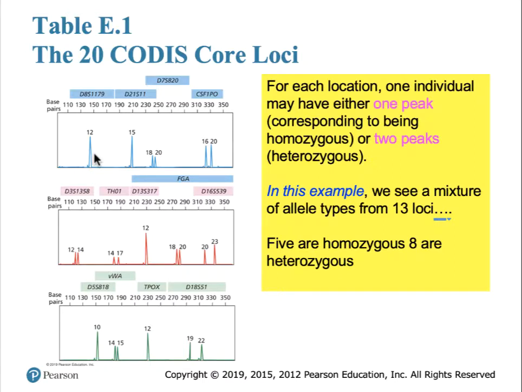Therefore, what would prevent the mixing of different loci in this analysis? And the answer is that in the CODIS kit, the fluorescence that's used is different colors. So this marker here, this location, and this location would use different colors so that the computer will be able to discriminate between which one belongs to which locus.